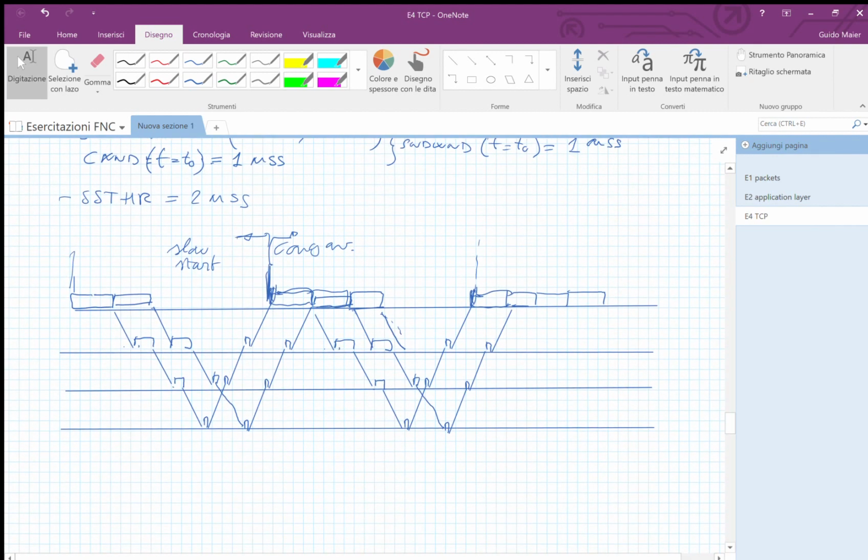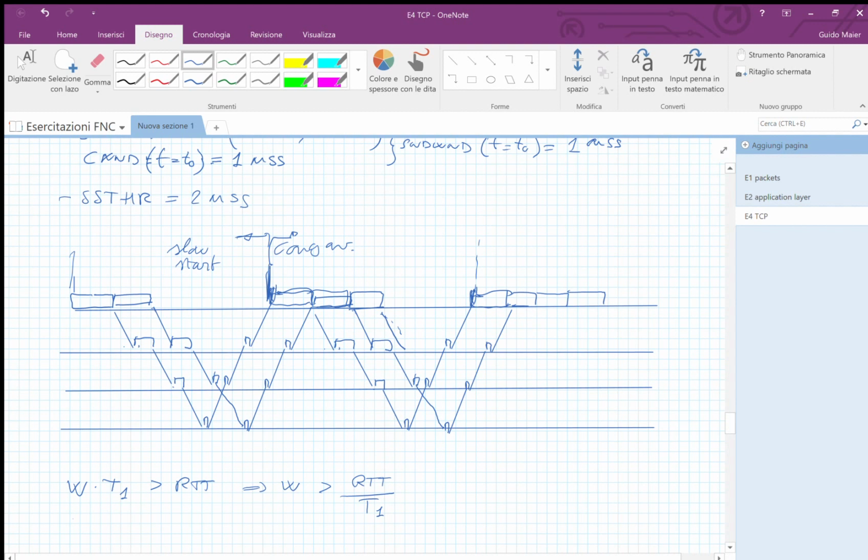So we have to look at this relation: W times T1 should be larger than the round trip time. Okay, this means that W should be larger than the round trip time divided by T1.